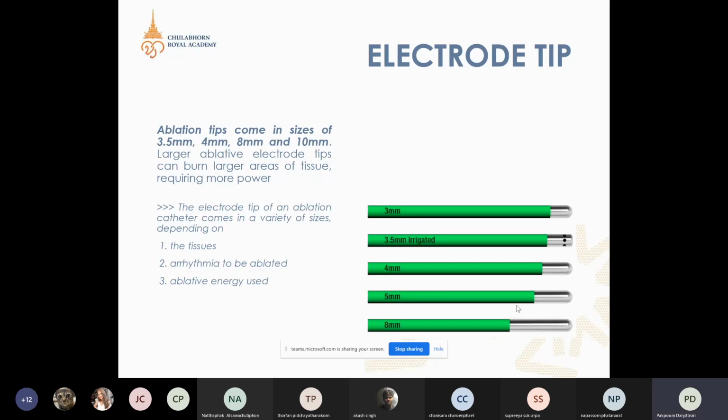The electrode tip of an ablation catheter comes in a variety of sizes depending on the tissue or arrhythmia to be ablated, and the ablative energy used.